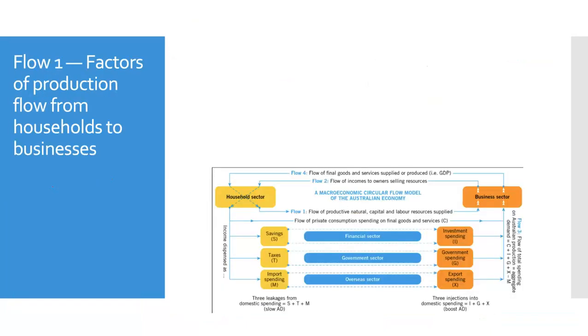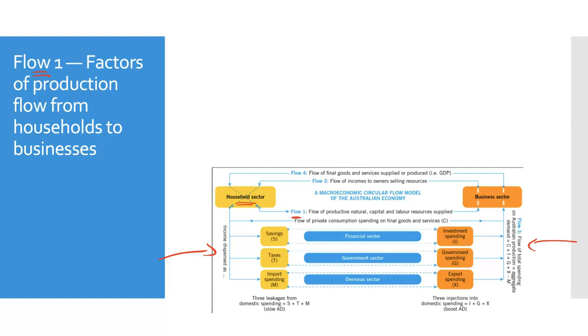Here, if we take a pause, and I encourage you to have a pause and have a look at this model. Now let's go through each flow in a bit more detail. Flow 1 is where the factors of production, resources, flow from households to businesses. So here is my household sector.